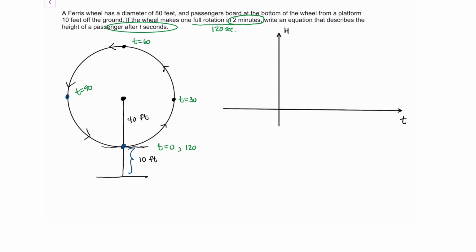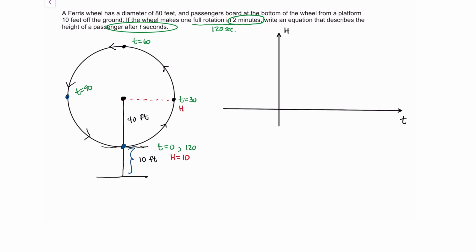So let's write the height at every one of these quarter rotations. When we start off, we are 10 feet off the ground. So h is 10. As soon as we make a quarter rotation, the height goes up by a radius.